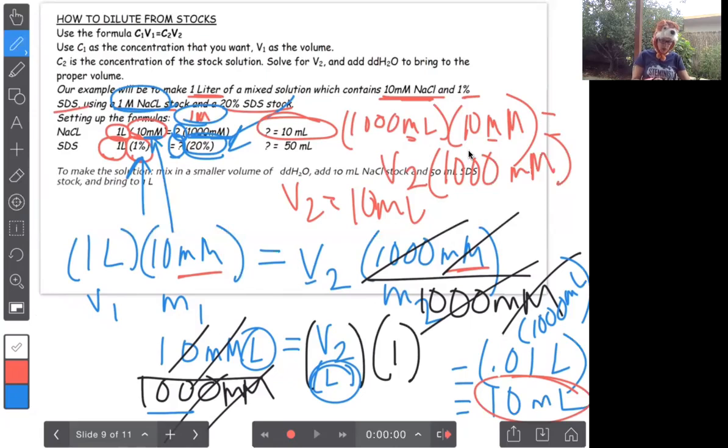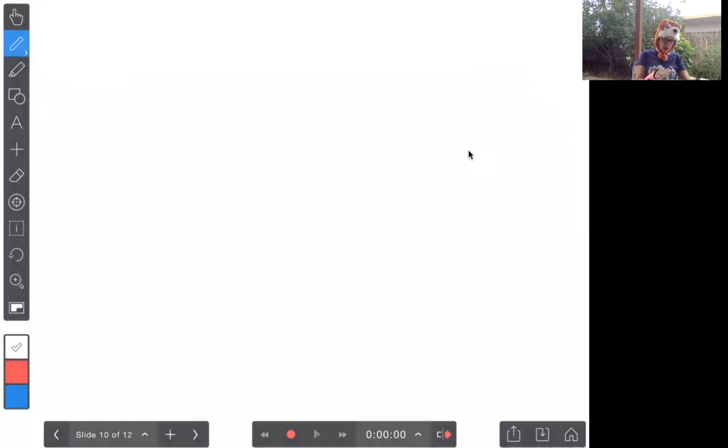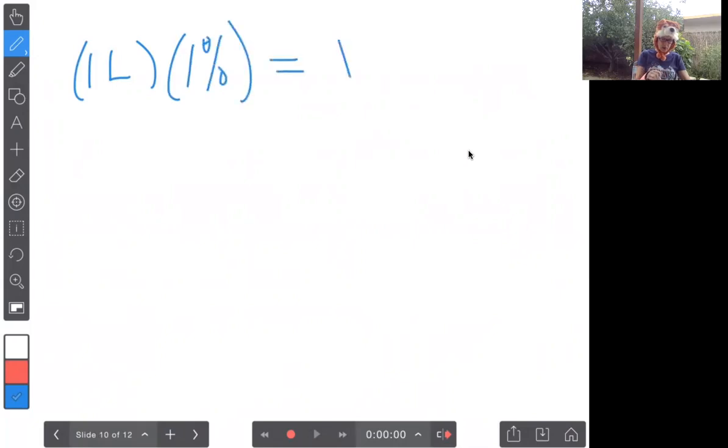All right, so let's try the SDS. Let's get a new page. So what do we want? It told us we wanted 1 liter, 1%? Is that what we wanted? Did it say 20%? Let's go look.